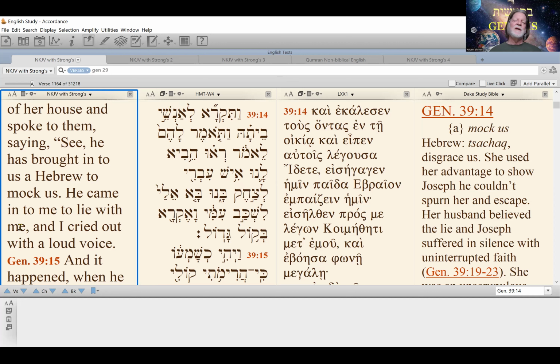So a lot of times, in a case like this, if a woman accuses a man of sexual immorality, he may or may not have done it, but it's a good bet she's done it or been tempted to do it.